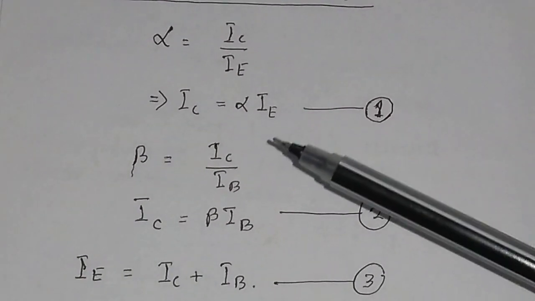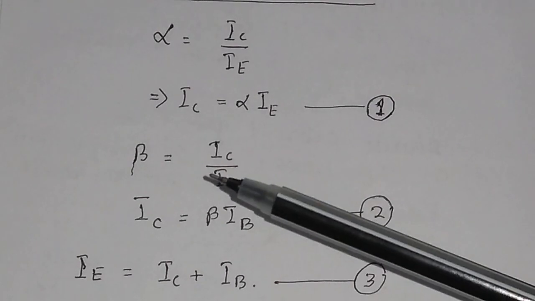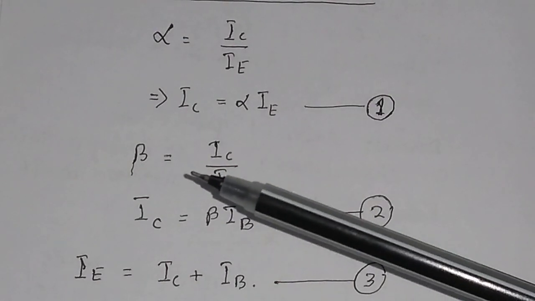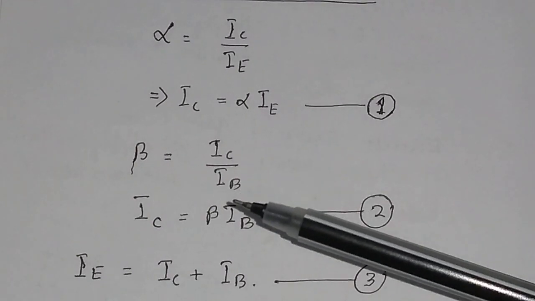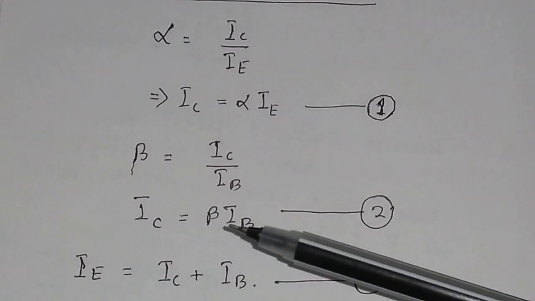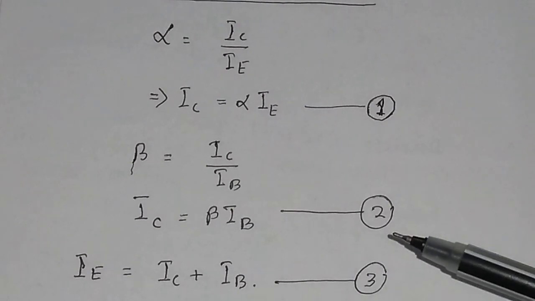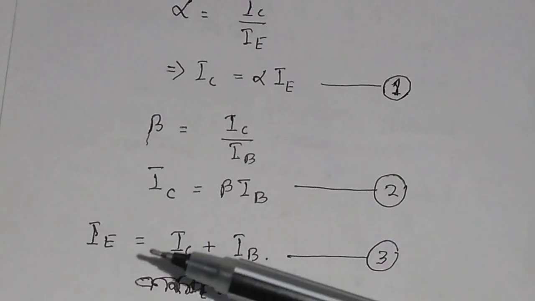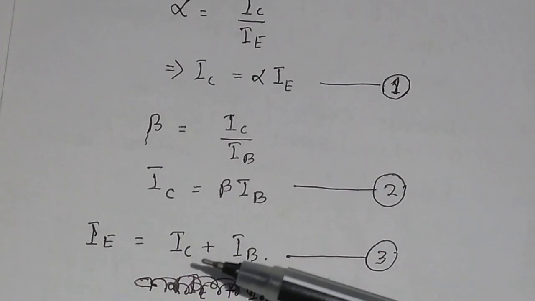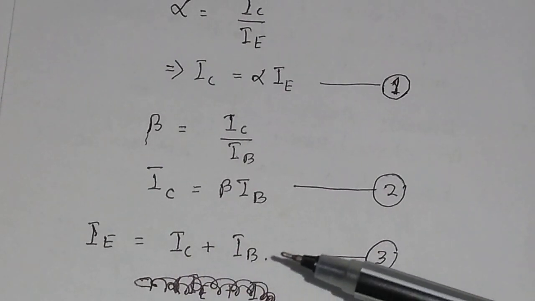Suppose this is equation number 1. In case of common emitter configuration, the current gain beta is equal to IC divided by IB, so IC will be equal to beta into IB. Suppose this is equation number 2. Then what will be the emitter current? The emitter current is equal to the collector current plus the base current.